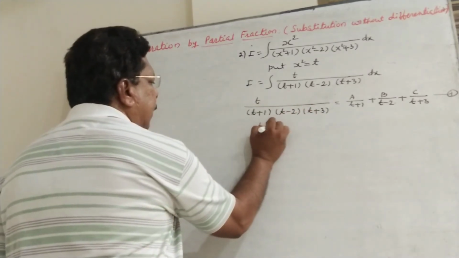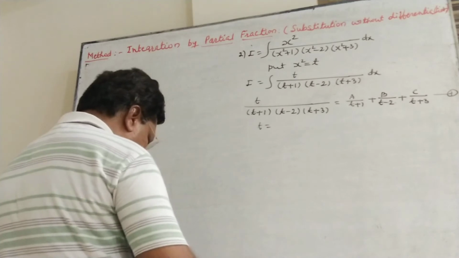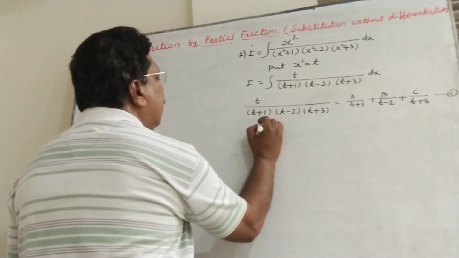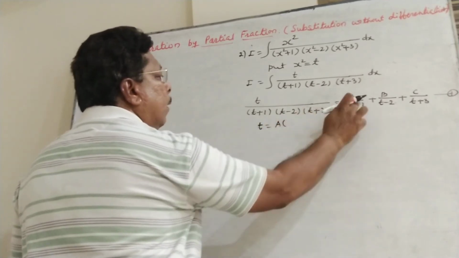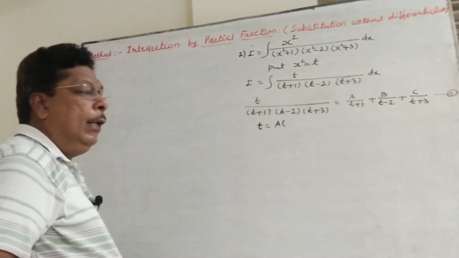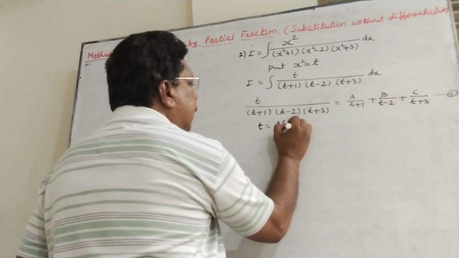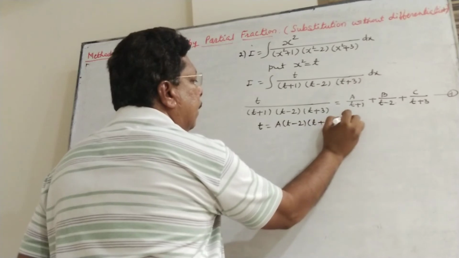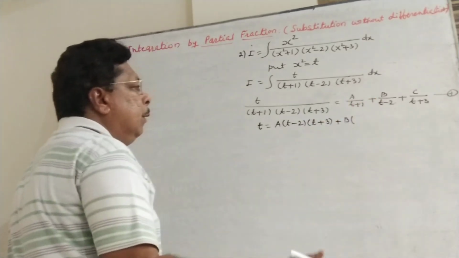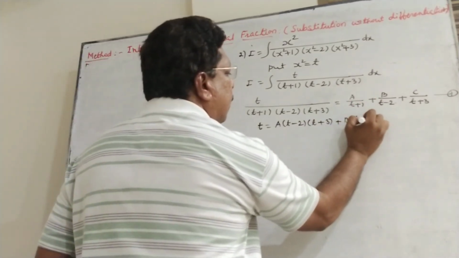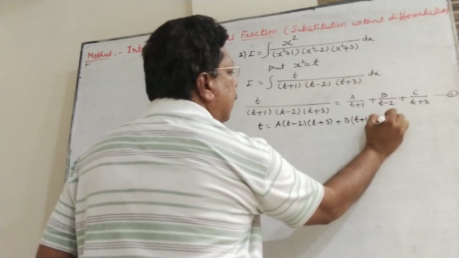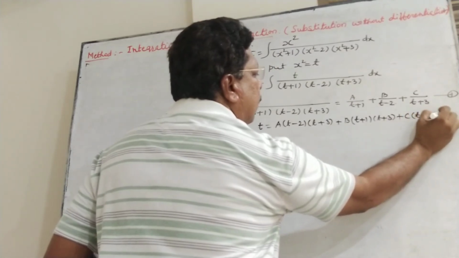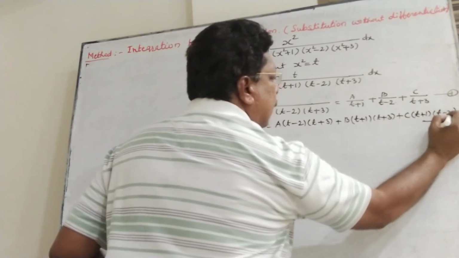Remove the denominator, t is equal to a into, leaving the denominator of a, multiply the other two: t minus 2, t plus 3, plus b into t plus 1, t plus 3, plus c into t plus 1, t minus 2. Say equation 2.